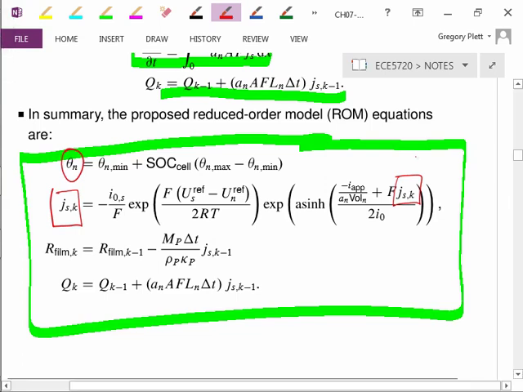But I solve that equation for Js. And then I can update the film resistance, and I can update the capacity of this cell. And that's it. So this is a very simple model that there's no differential equations, there's no PDEs, anything like that. It's purely algebraic once we figure out how to solve this, which we don't yet know how to do, but that's what we look at next.